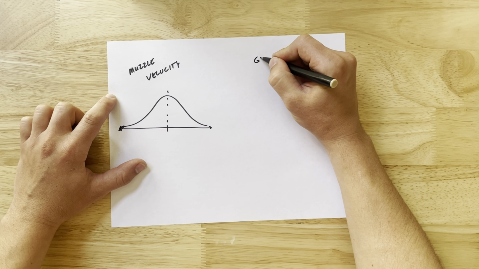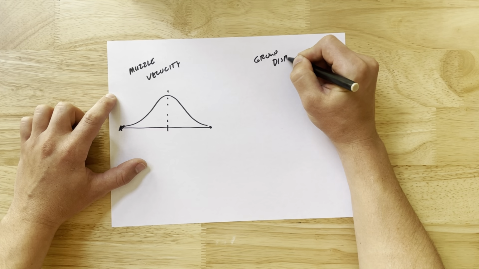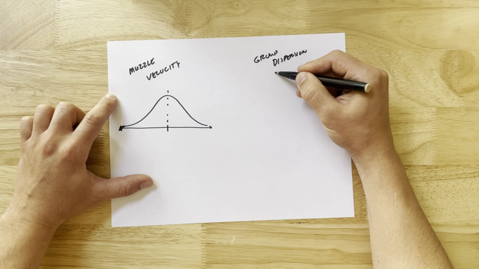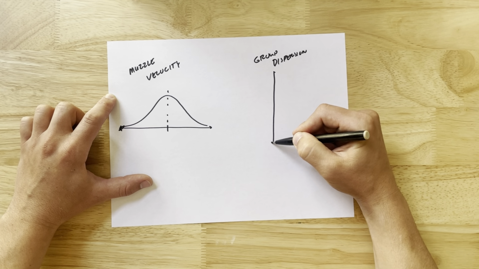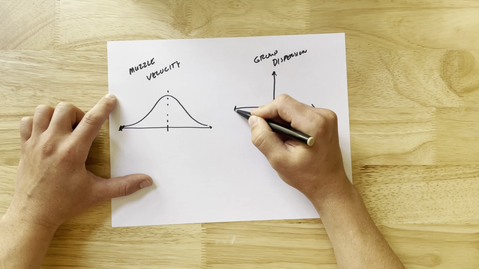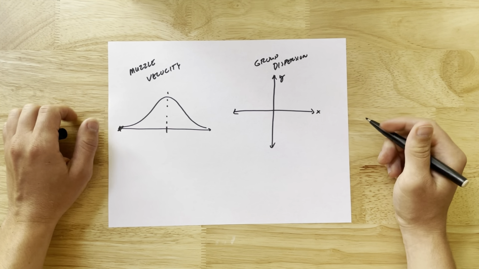In group dispersion, the data is in two axes, the y and the x.